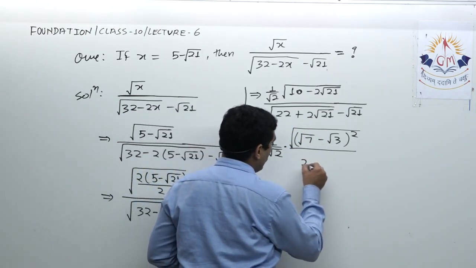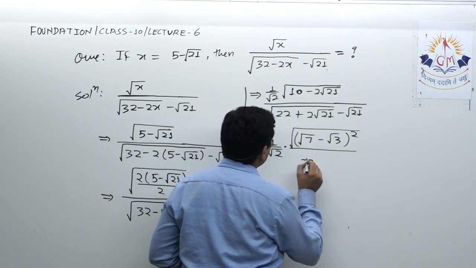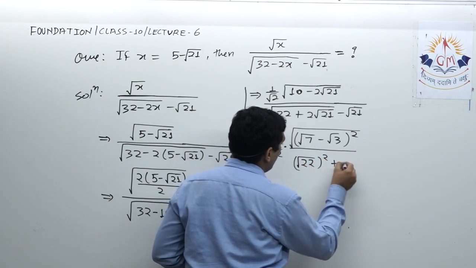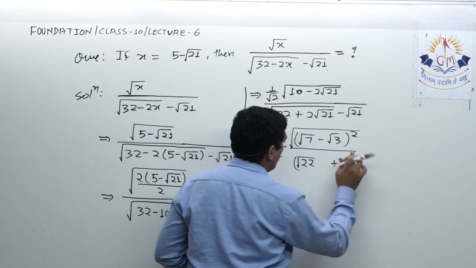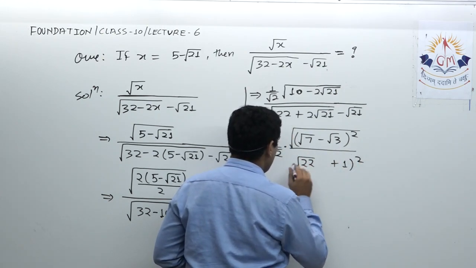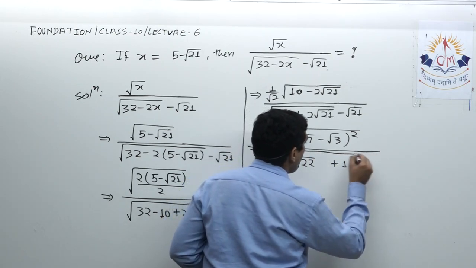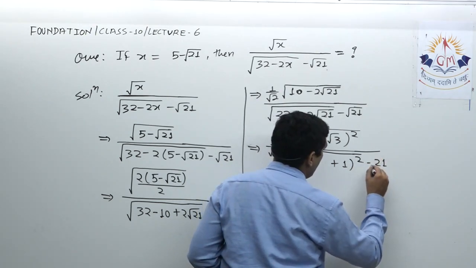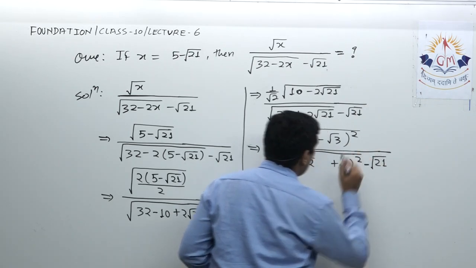So here I can write root 21 plus 1 whole squared. The minus root 21 remains as it is.